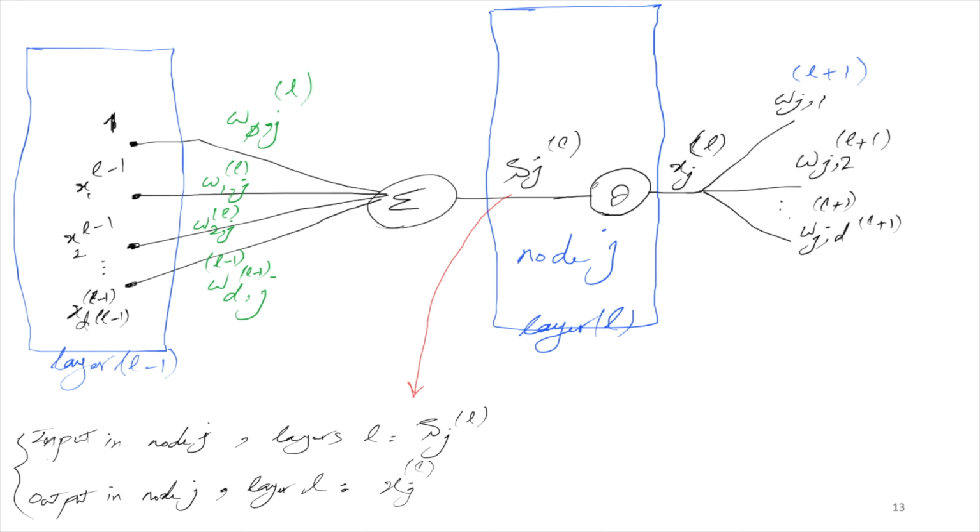Then we apply the activation function, in this case sigmoid, and then we pass it to the next layer, which is l plus 1, and you have the same thing depending on the number of nodes they had. That's why we're going to represent them by w_j from 1 up to d from layer l plus 1. So this is layer l plus 1.